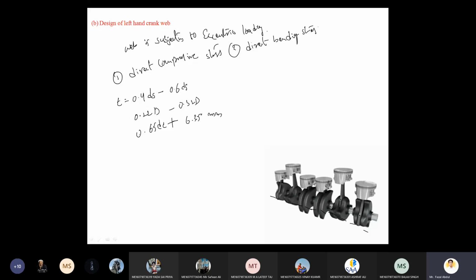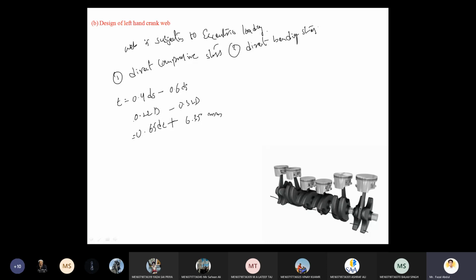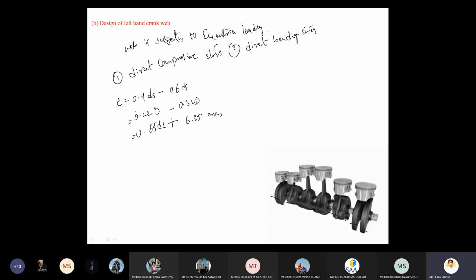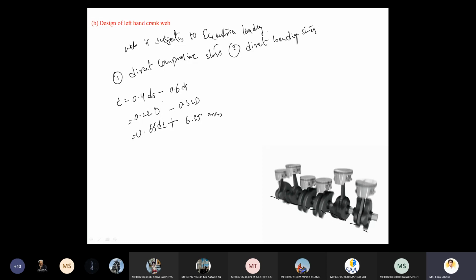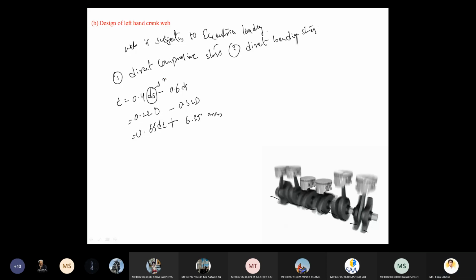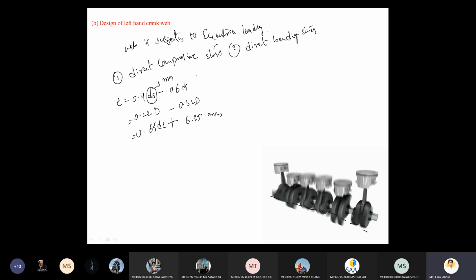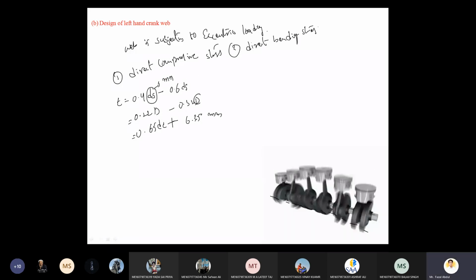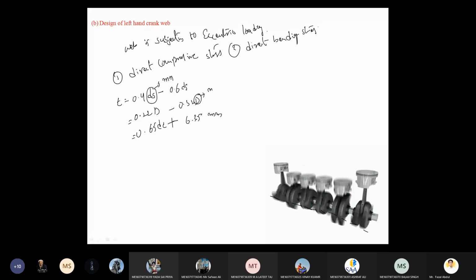So with these three relations we calculate the thickness of the crank web, where ds is the shaft diameter in mm, where capital D is the bore diameter in mm, and where dc is the crank pin diameter in mm.